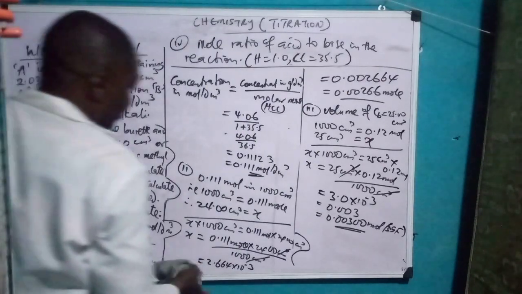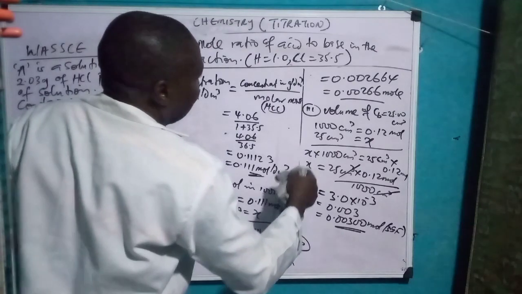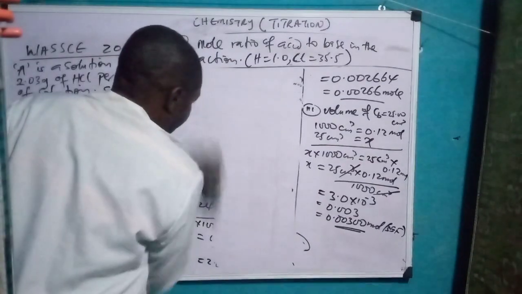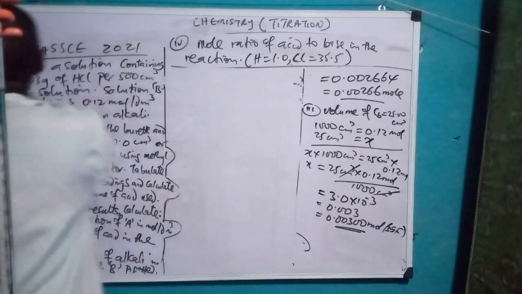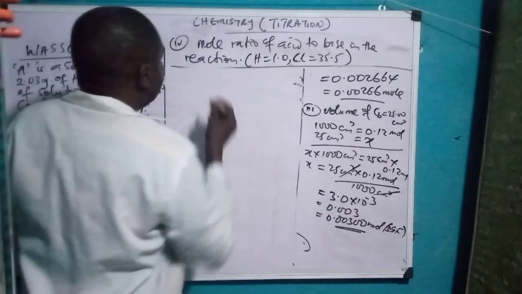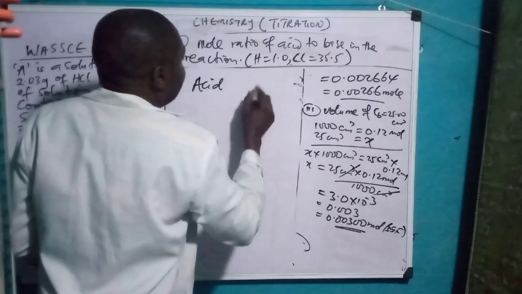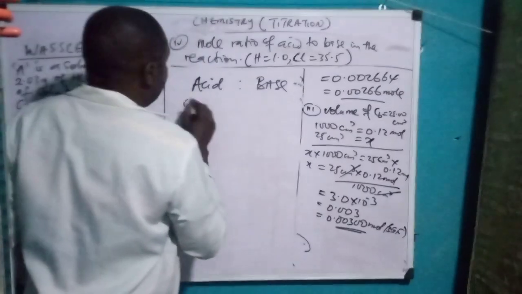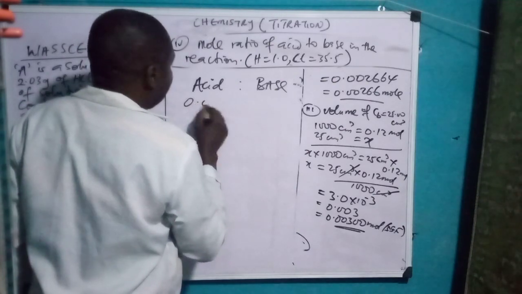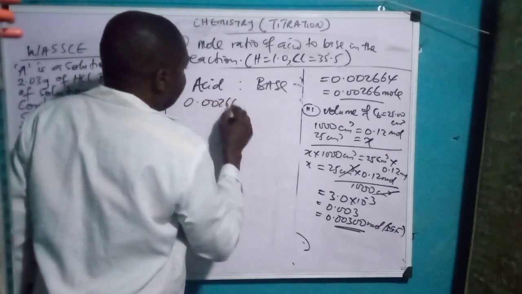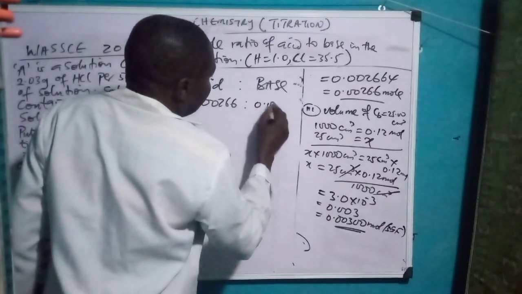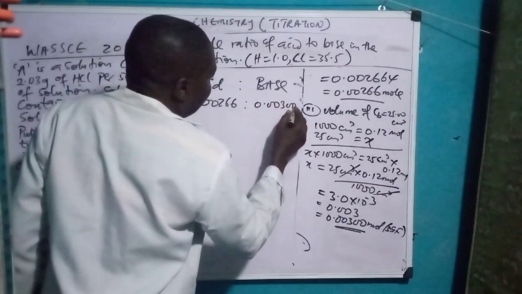Let's see. Mole ratio of acid to base. Remember, that of acid is 0.00266 mole. Base is 0.00300 mole.